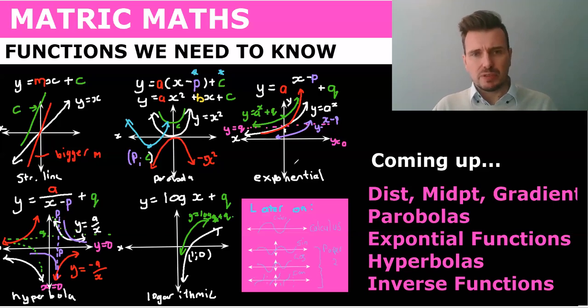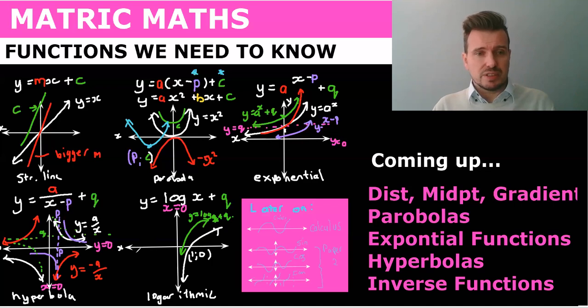And because your exponential graph has a y equals 0 asymptote, the log graph is just going to have an x equals 0 asymptote, because exponentials and logs are the inverse of each other. So you literally just swap everything.